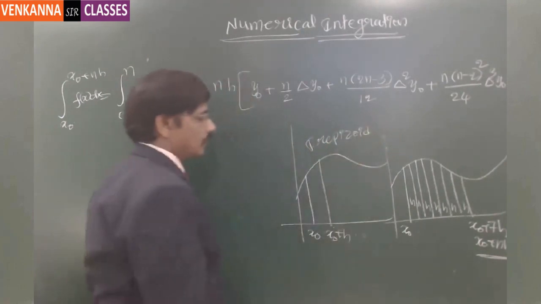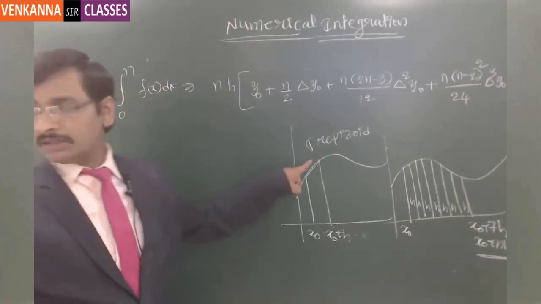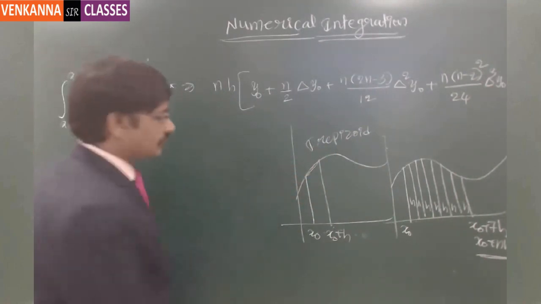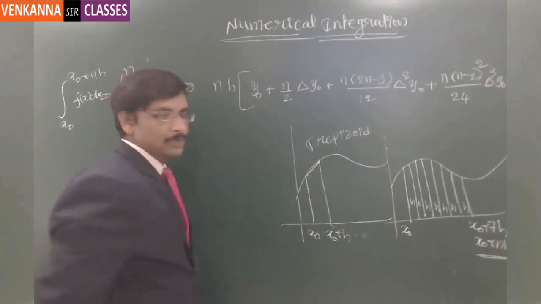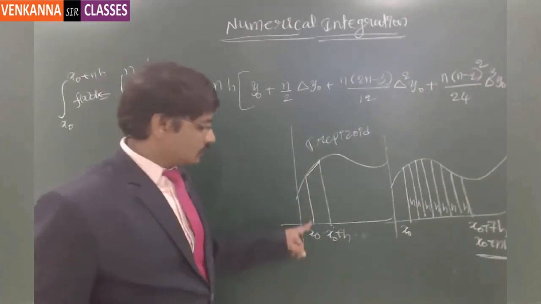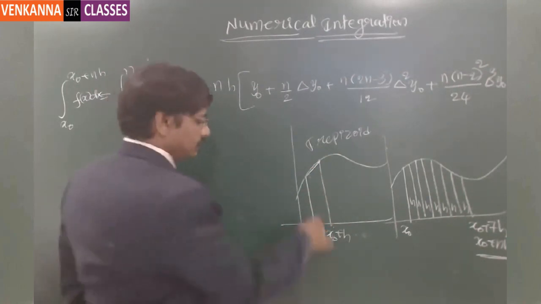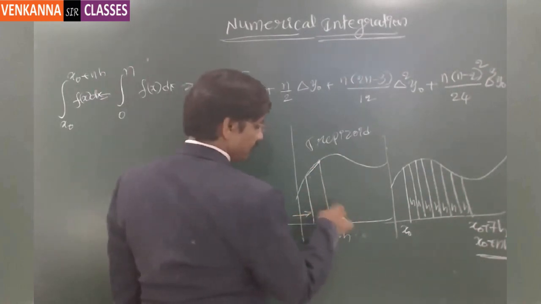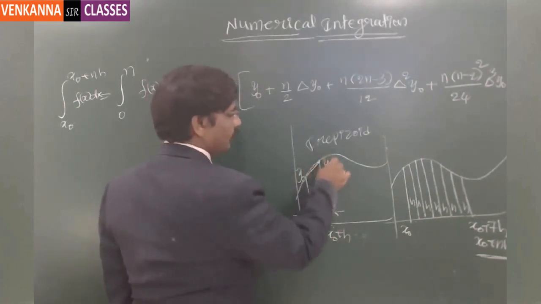So you are trying to approximate this as a straight line rather than a curve, and this straight line makes a trapezoid with parallel sides of this length and with a height equal to the horizontal length. So h is the width for us, and this is y naught and this is y1.